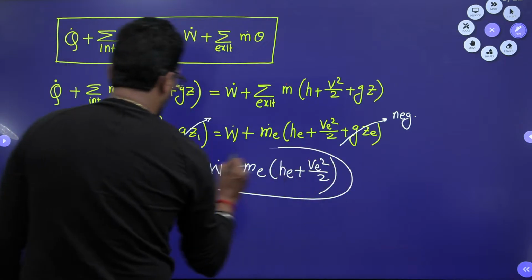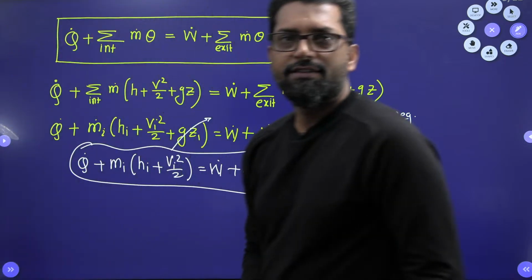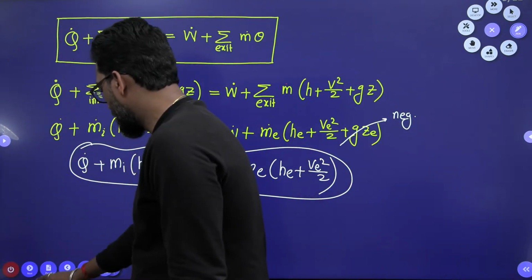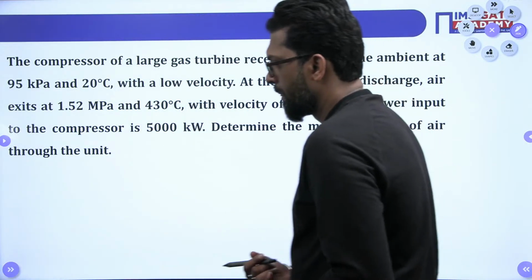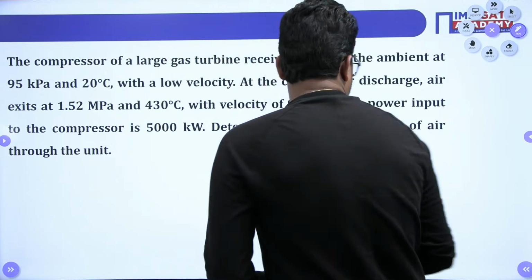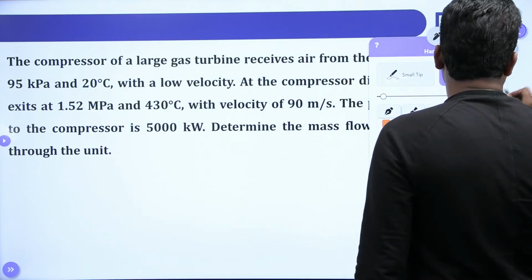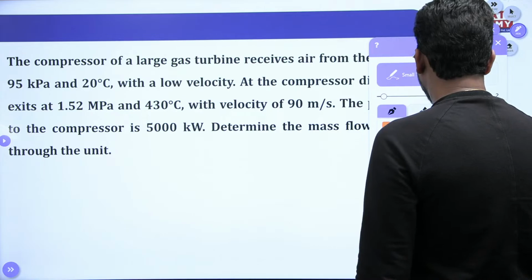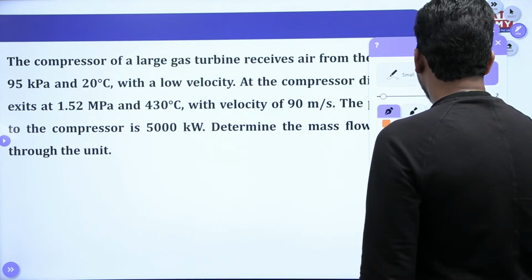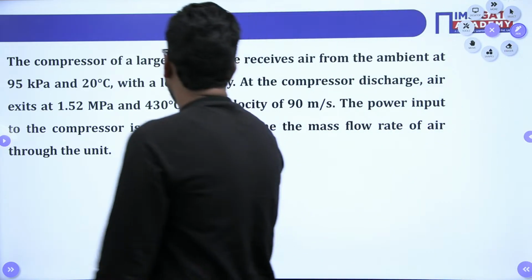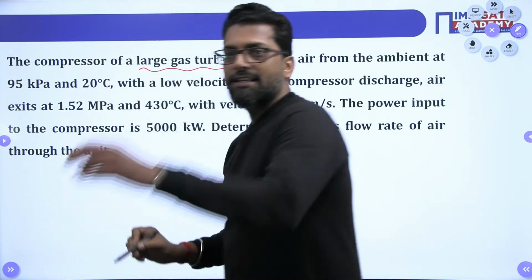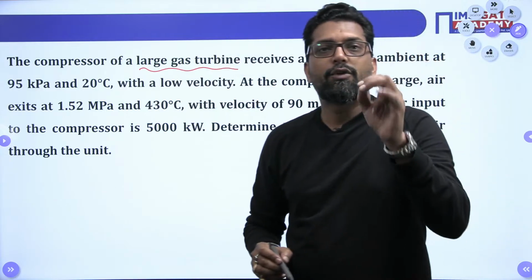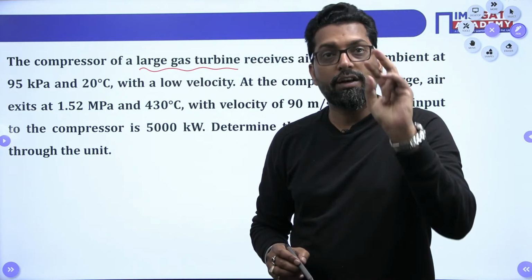Now we will start the problem. See this one, beta. Just read this question. A compressor of a large gas turbine. In a power plant, we have studied two types of turbine working fluid.